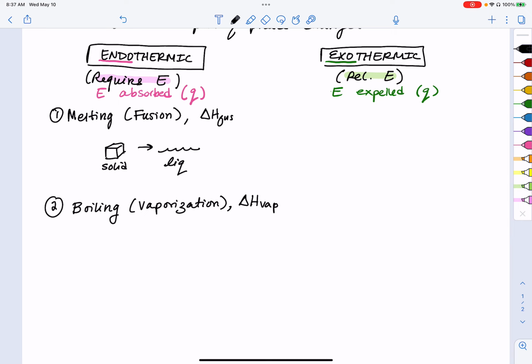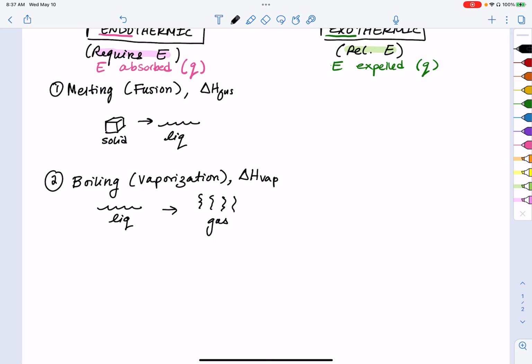So this is the process of going from some kind of liquid phase to gas phase. And then we also have one of my favorite phase changes, sublimation. And this is where we go straight from being some kind of solid into being some kind of gas.